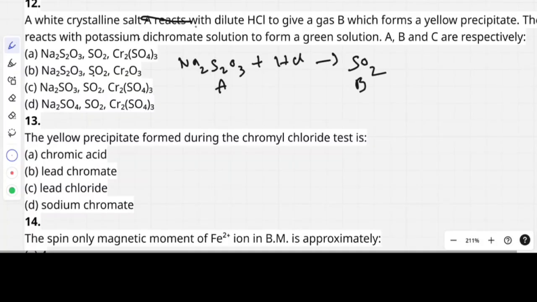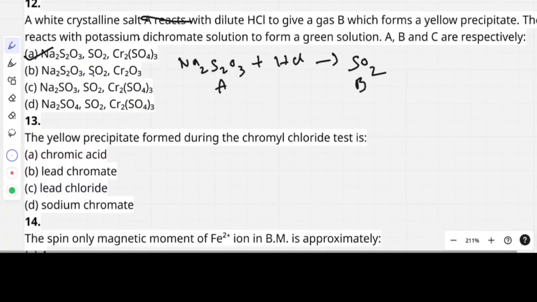It forms SO2 gas, which forms a yellow precipitate. The gas reacts with potassium dichromate solution and forms a green solution. A green solution means this is Cr2(SO4)3. So option A is correct.